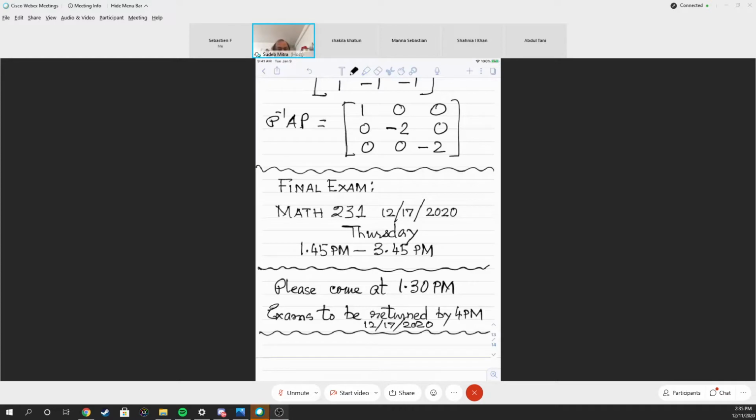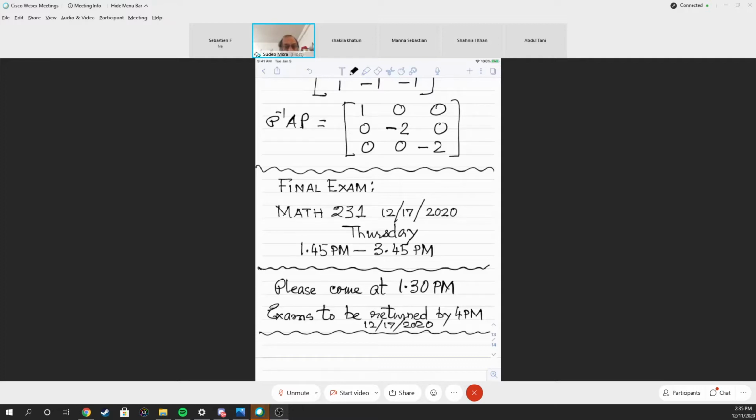One problem on finding the eigenvalues and eigenvectors. I will not ask you for diagonalization. 2 questions on linear transformation, exactly the kind of things. One will be a theorem and one will be a problem, what we did yesterday. One question on eigenvalues, eigenvectors, which I did yesterday.